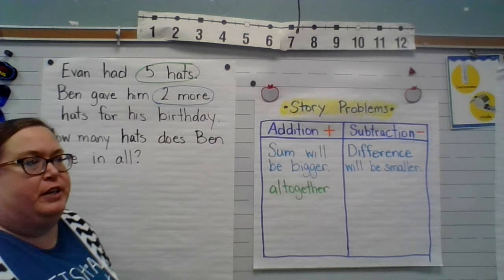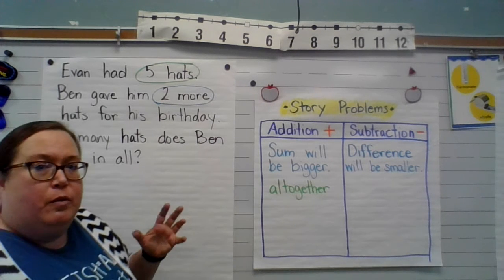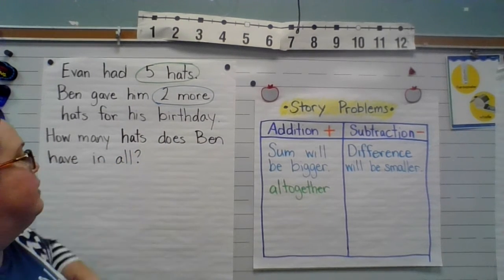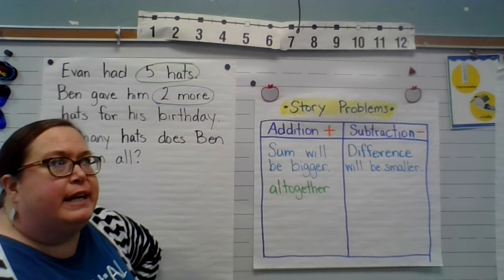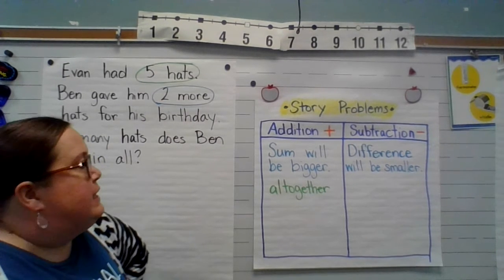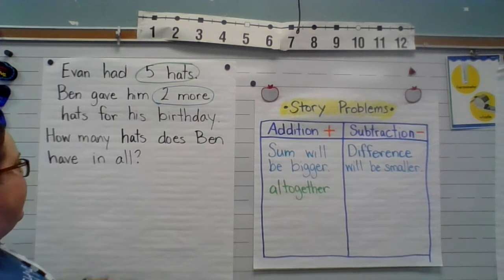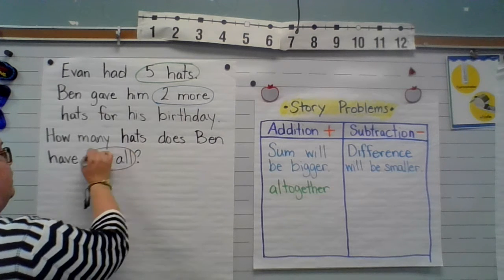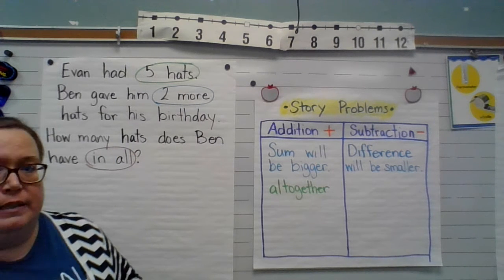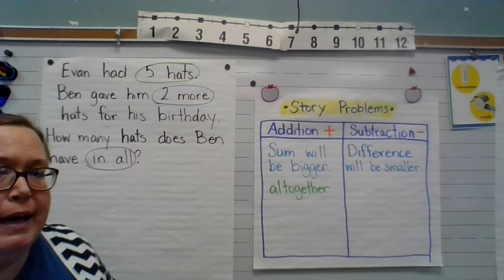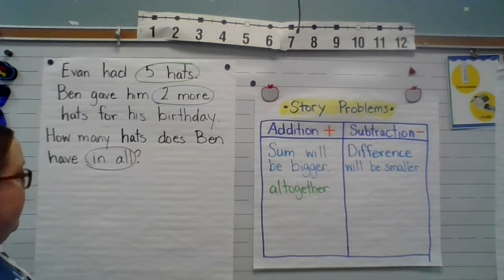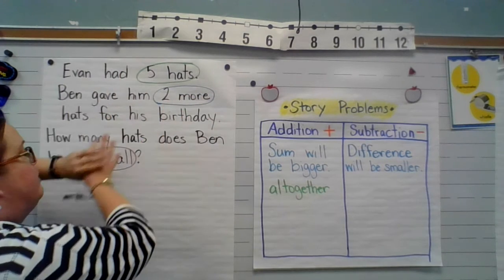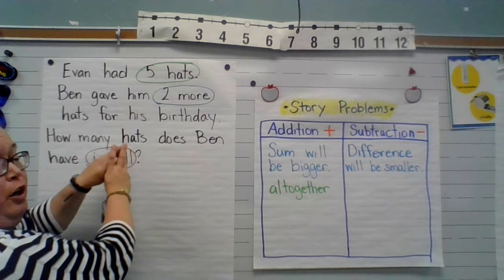I know that there's going to be something in that question. It's asking us a question, and I know that somewhere in that question is going to be an important word. How many hats does Evan have in all? What part of that sounds like it might be important? The words in all are very important to this story, because it tells us that we have a group here and a group here, and we're going to put them together, and we want to find out how many there are in all.